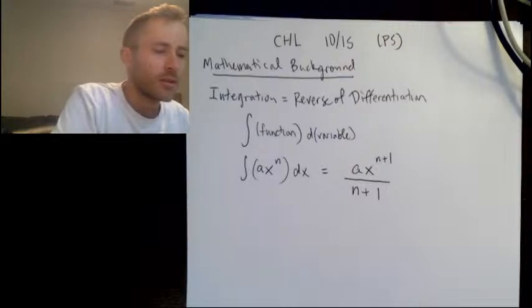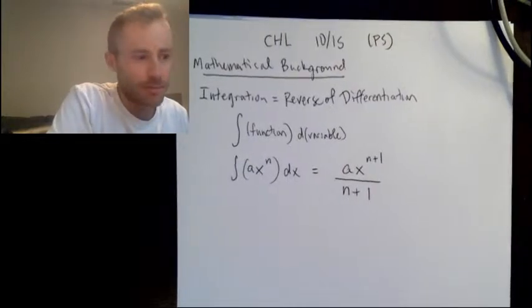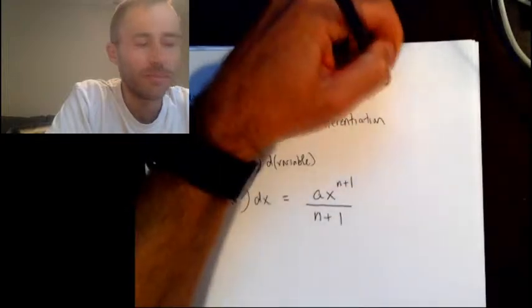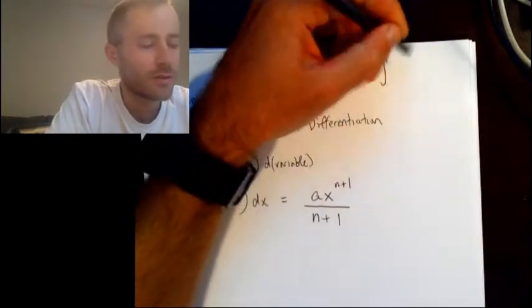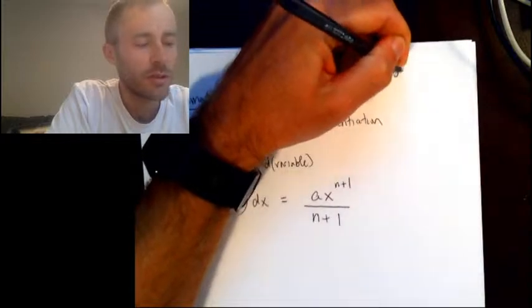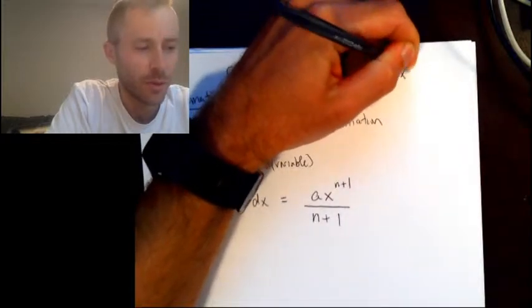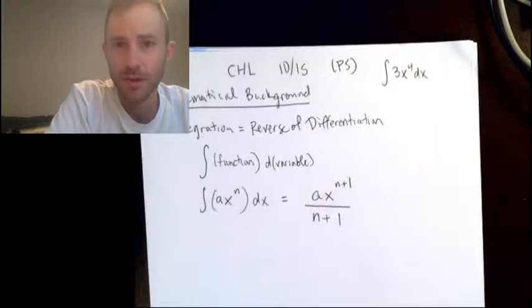For example, what if I had the integral of, let's say, 3x to the 4th dx?